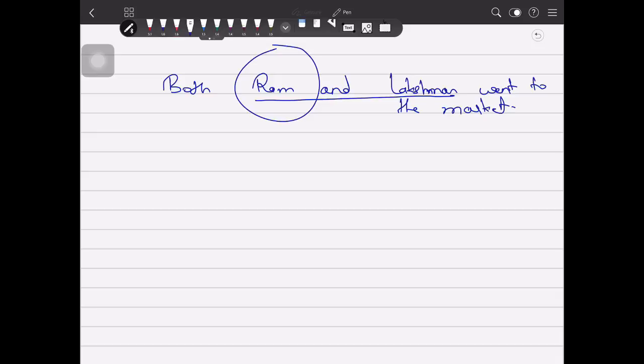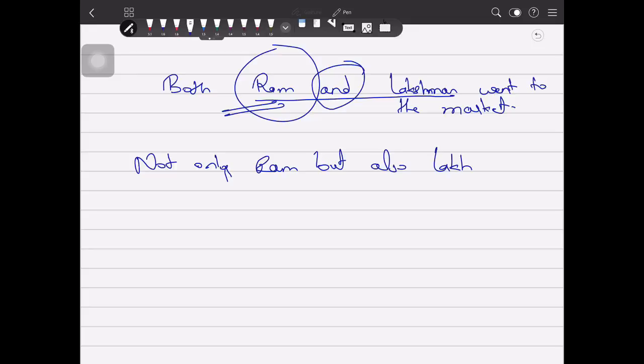Instead of this 'and' we can use the second phrase in not only but also, which is but also. The first phrase should be given to Ram: not only Ram but also Lakshman went to the market. I hope you're understanding my handwriting, because sometimes it's too difficult even for me to decipher what I've written.